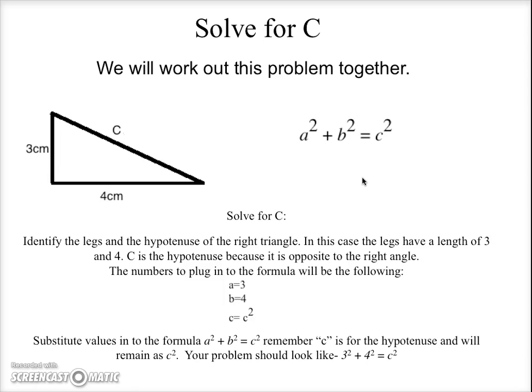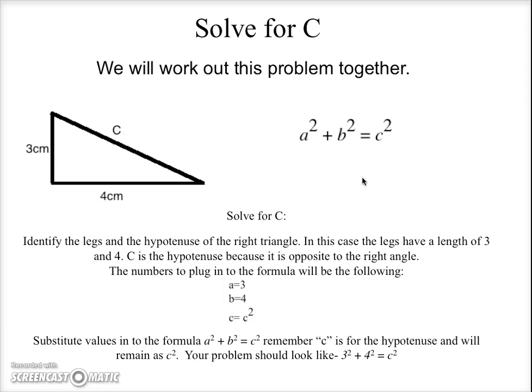A squared plus B squared equals C squared. That's the first thing you ever put to start solving the Pythagorean theorem, of course. So we know that 3 is one side of the leg, and 4 is another leg. To find C, all we do is plug in 3 as A or 4 as A, does not matter, as long as 4 and 3 are on the same side of the equation.